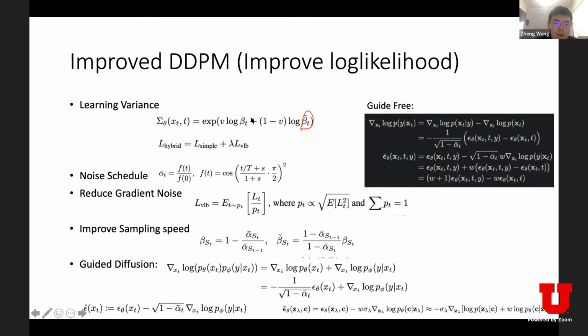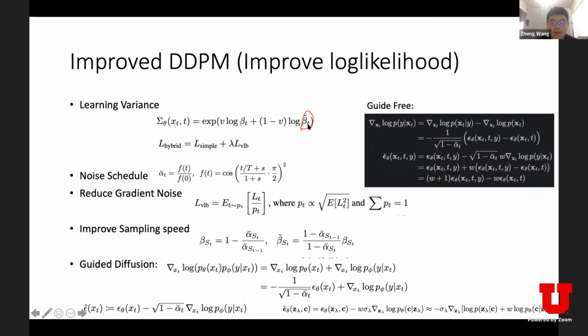These two betas can be obtained by setting x0 as a standard normal distribution or a point mass. If x0 is just one point, you get the reverse process variance as beta t. If it's a normal distribution, you get the variance as beta tilde t.